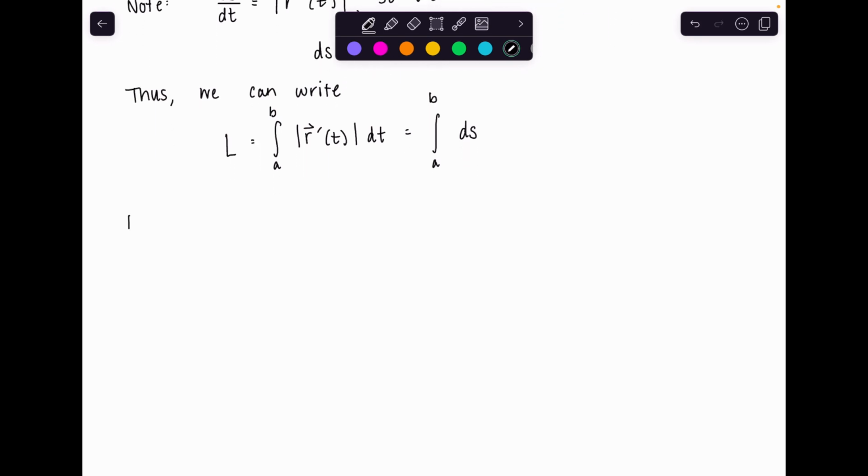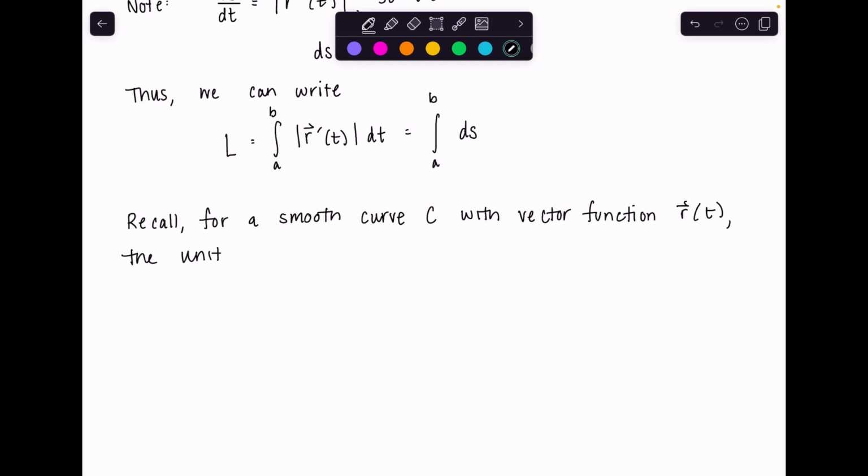So recall, for a smooth curve C, meaning the magnitude of the derivative is not zero, with given vector function r of t, the unit tangent vector is given by T of t.